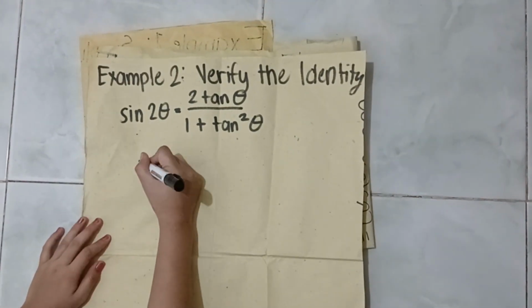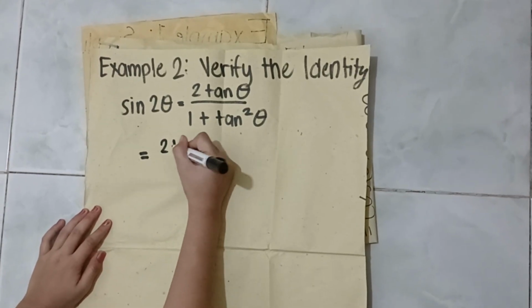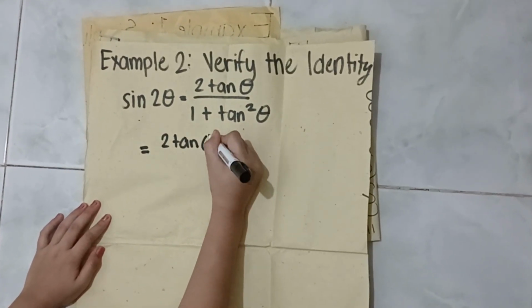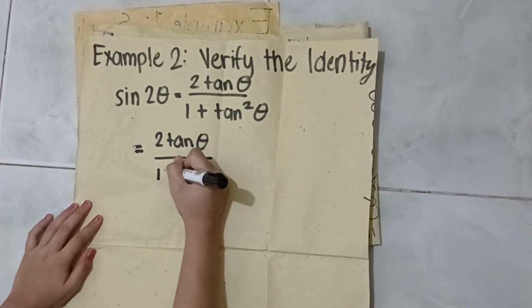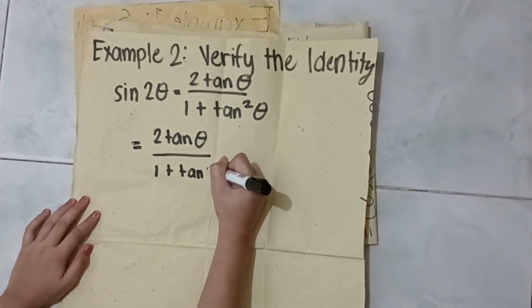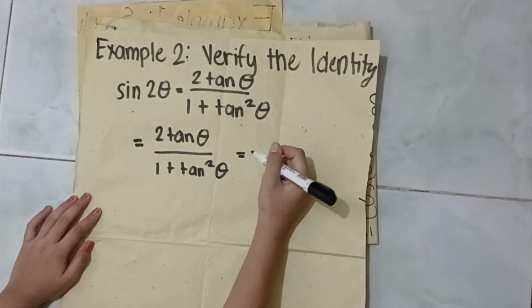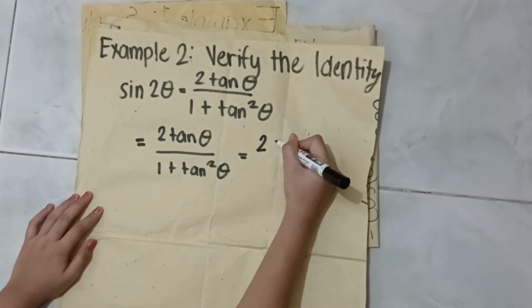Example number 2. Verifying another trigonometric function using the half-angle formula. Verify the identity sine 2 theta is equal to 2 tan theta over 1 plus tan squared theta. So to solve this, we start at the right side. First, we apply the Pythagorean identities.